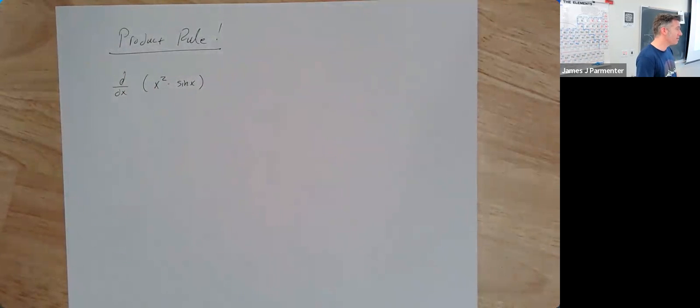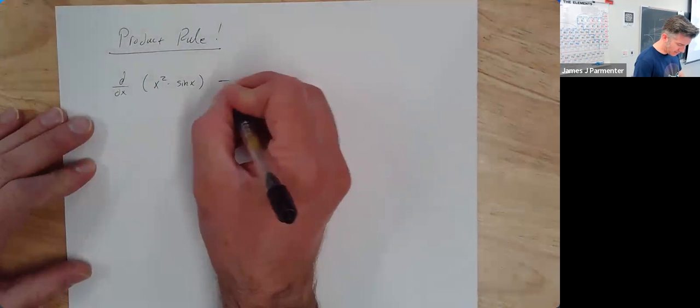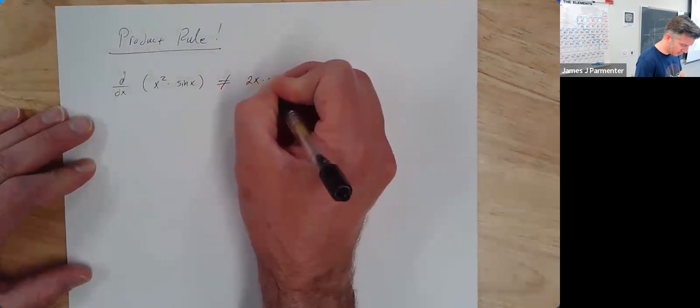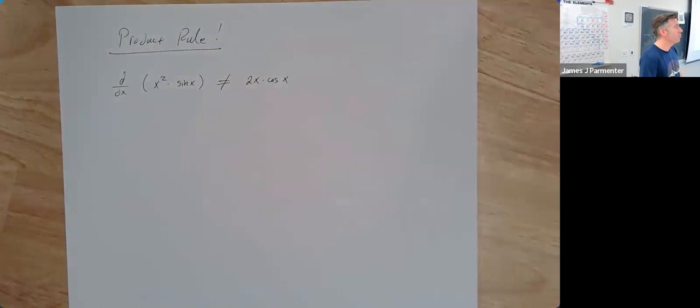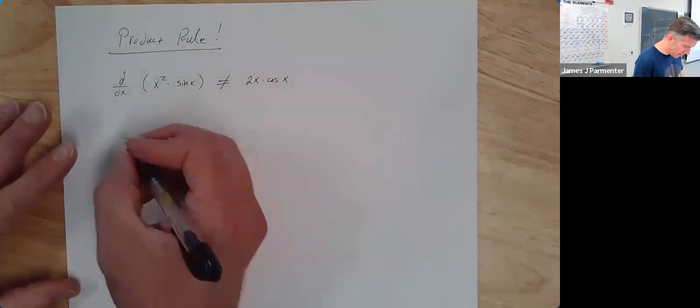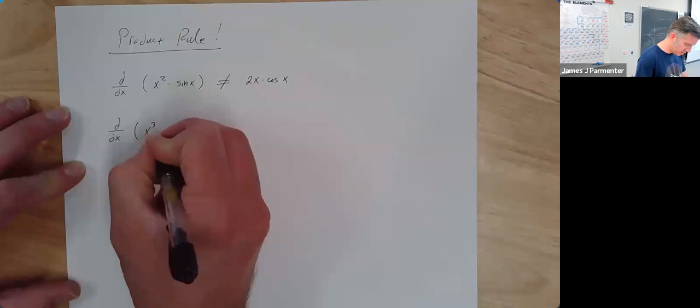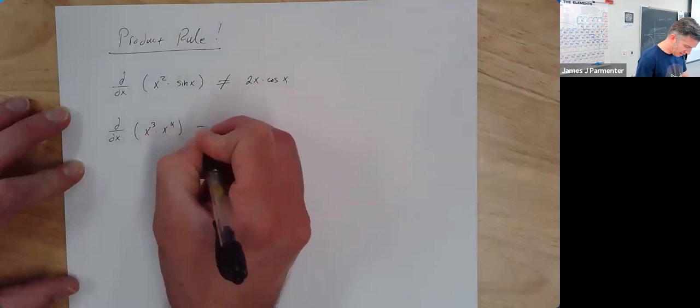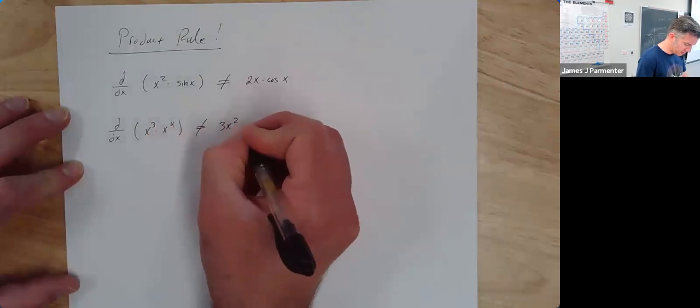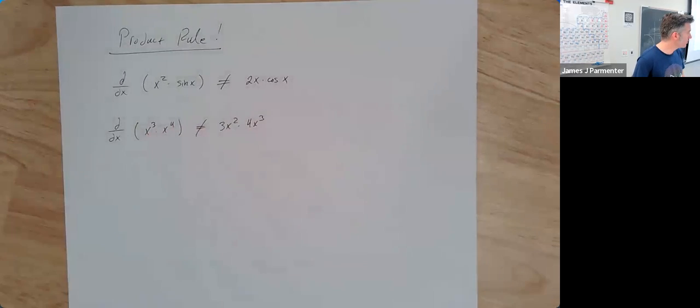I'm going to point out it is not equal to 2x times cosine of x. You cannot, as I said before, just take the derivative of each part and multiply it together. In the same sort of way, the derivative of, say, x cubed times x to the fourth is not equal to 3x squared times 4x cubed.